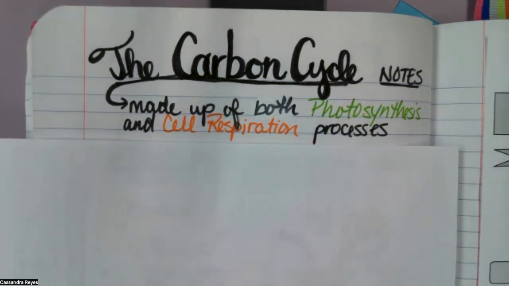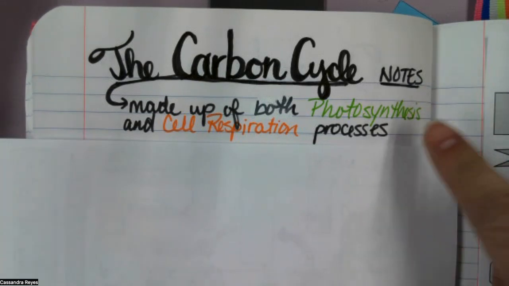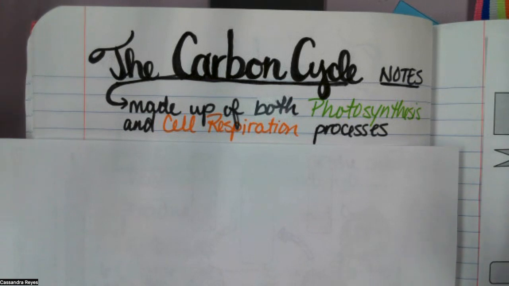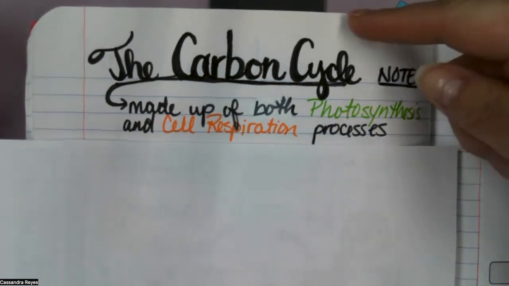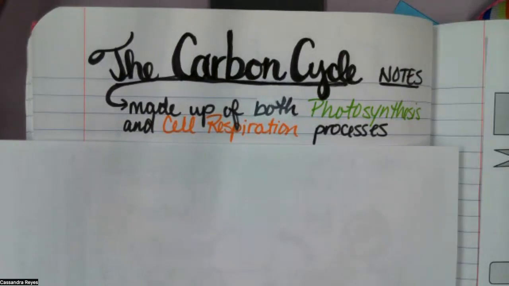So we clearly can see that plants and organisms who can photosynthesize, as well as cellular respiration organisms, are going to be related somewhere. And there's even going to be a whole cycle process involved here. So let's go through it.